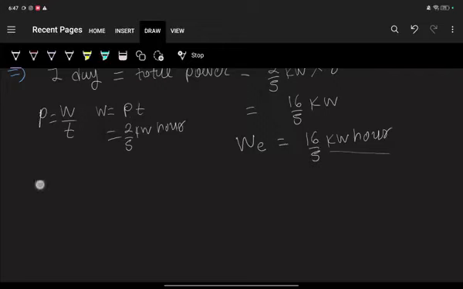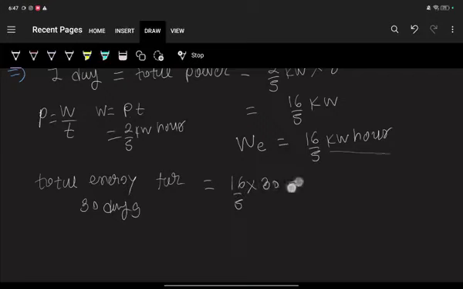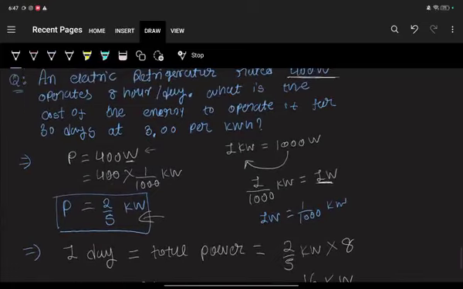So total energy for 30 days will be 16 by 5 into 30, right? 5 sixes are 30. 16 into 6, 96 kilowatt hour. This is our energy, right? But the question says we need to find the cost of the energy.